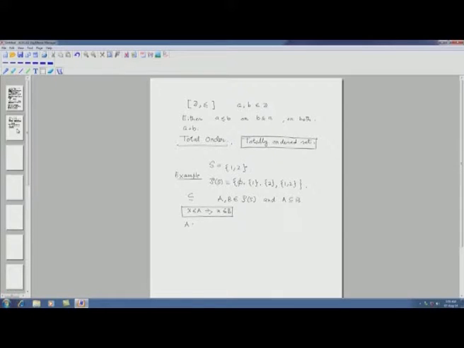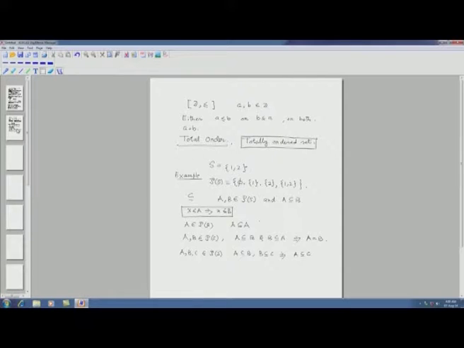The reason is that if we take any subset A belonging to the set of all subsets of S, then A is a subset of A. Then if we consider two elements of the set P of S, and suppose A is a subset of B and B is a subset of A, then we will have A equal to B. So, the relation is antisymmetric, and if we have 3 elements A, B, C inside P of S and A is a subset of B and B is a subset of C, this will imply A is a subset of C. Therefore, we have transitivity.